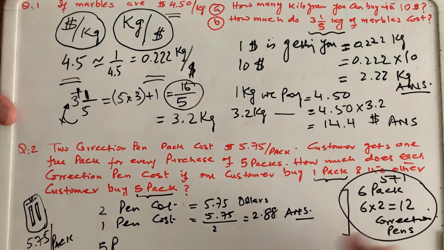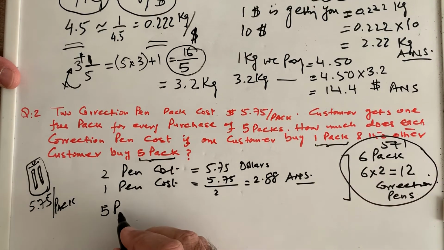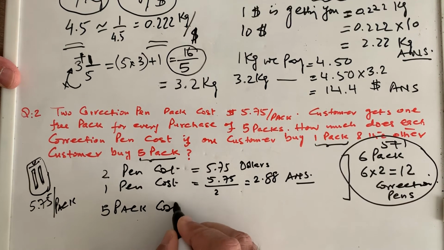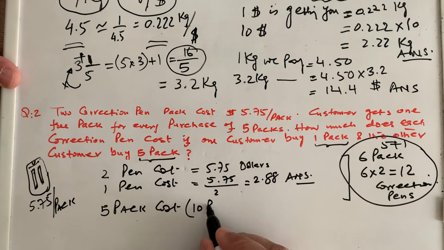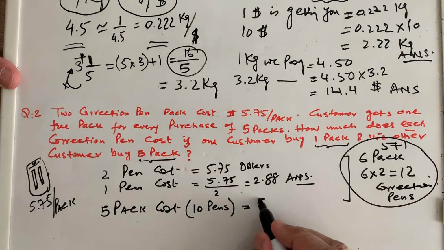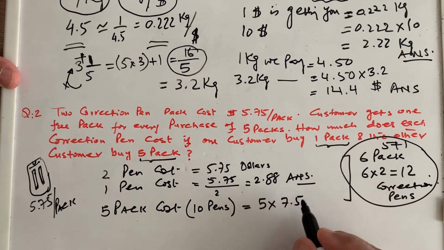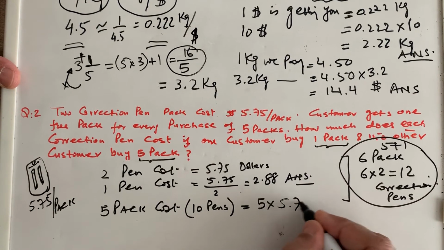5 pack cost. So now we have to see what the 5 pack cost is. 5 pack cost means 10 pens, right? I am putting it in brackets, right? So 5 pack cost will be 5 times $5.75.